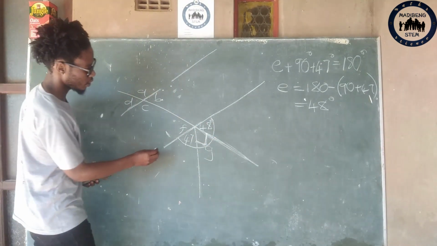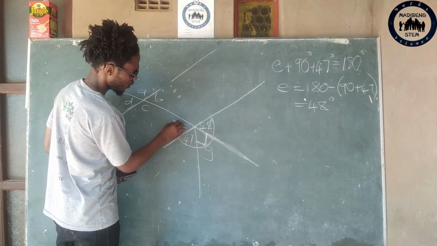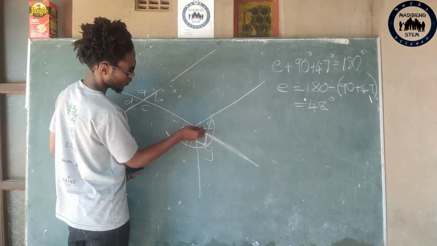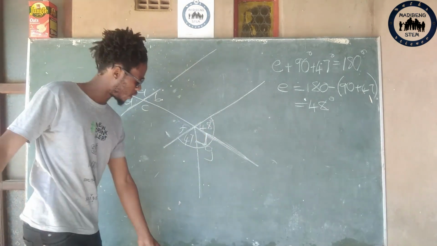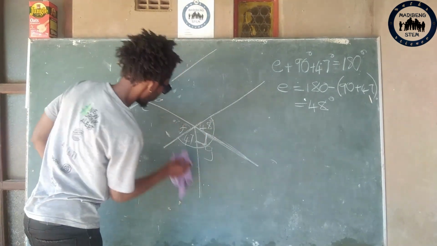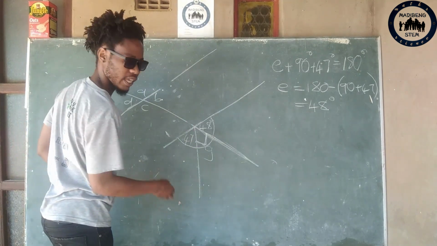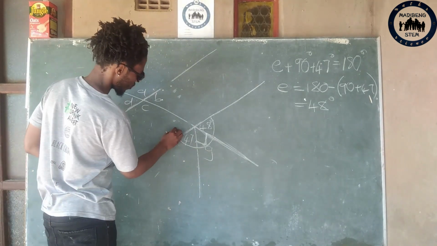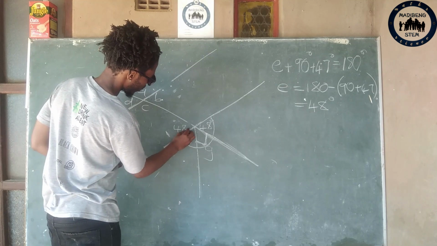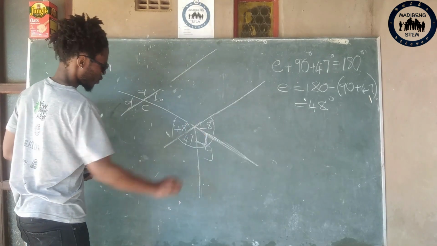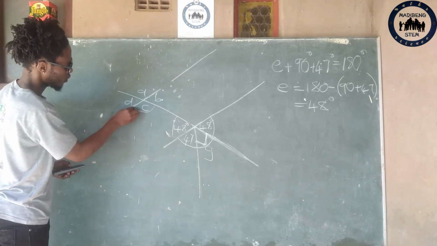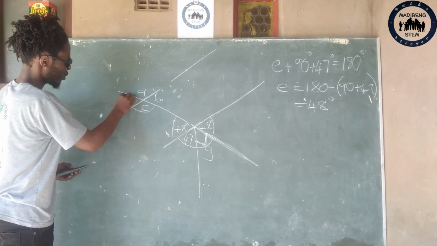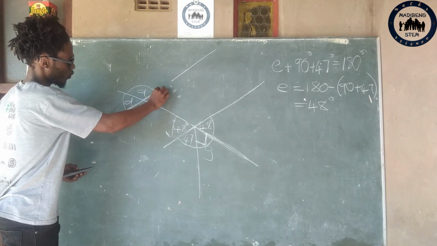And now you can see F is a vertical angle to this one. So F is equal to 48, because they are vertical opposite angles. This is also 48 degrees. So now, guys, what is your C? What is your D? What is your A? What is your B?